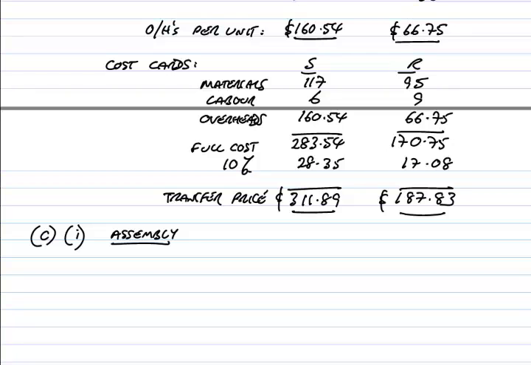And that's going to be easy because the profit assembly is making, they're adding on the 10%, so they're making 28.35 and 17.08 for each unit. Well, it wants it for each product and in total. So S first of all, how many units? 3,200. The profit is 28.35.